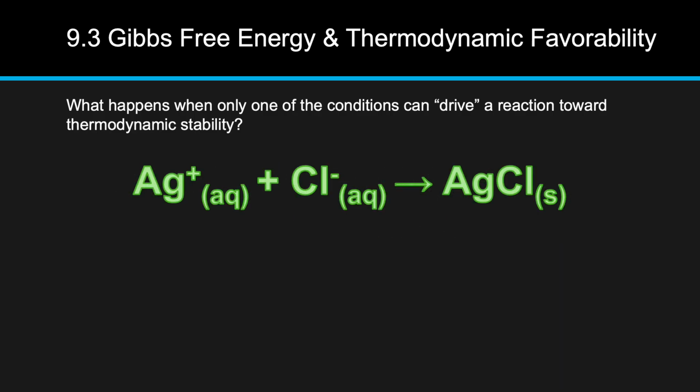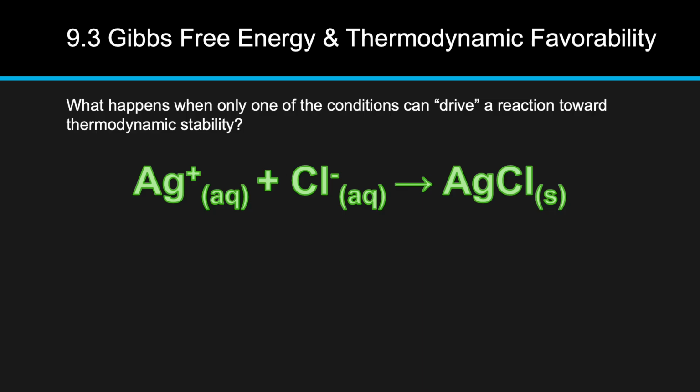Now let's look at a chemical reaction that can be driven towards thermodynamic favorability through enthalpy. Just by looking at this equation, you can see that we're starting with aqueous ions as our reactants, which are free moving and very dispersed. Because they have more possible arrangements, they have a higher disorder.